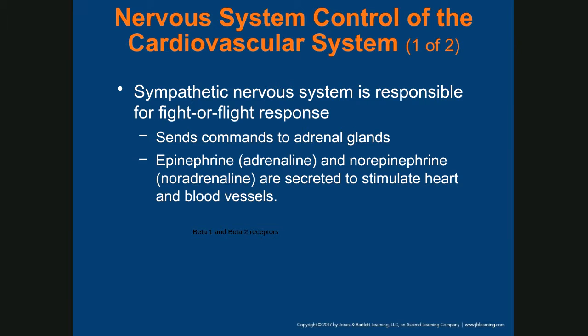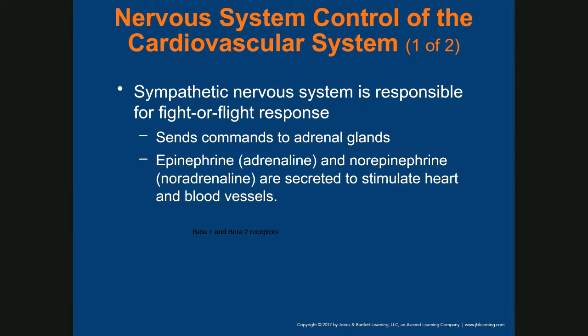When beta 1 receptors are stimulated in the heart, it causes all of the functions of the heart to increase. It increases the strength of contraction, the rate of contraction, and the rate or speed of electrical conduction.